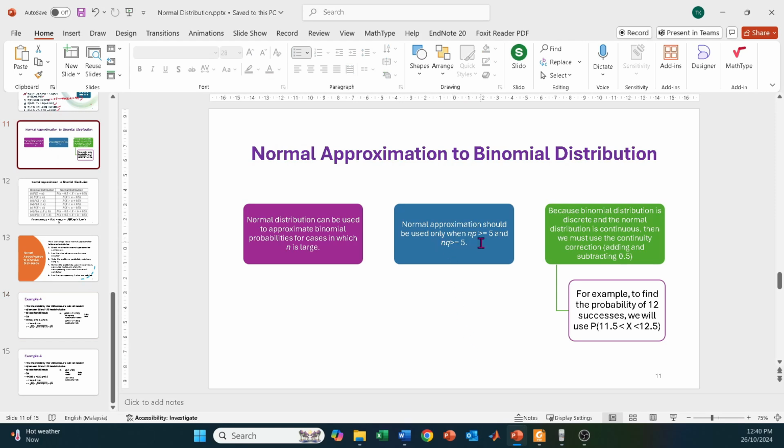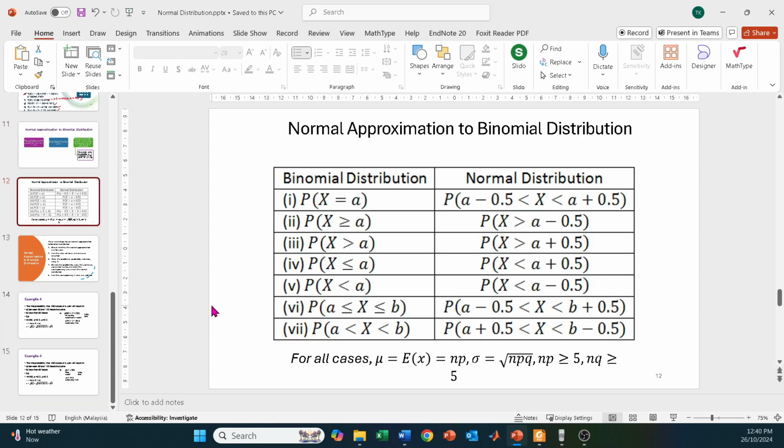Since np is 100, when np is greater than or equal to 5 and nq is greater than 5, the binomial distribution can be approximated to normal. For the probability of x from a to b inclusively, we should correct it to probability of x greater than a minus 0.5 but less than b plus 0.5.